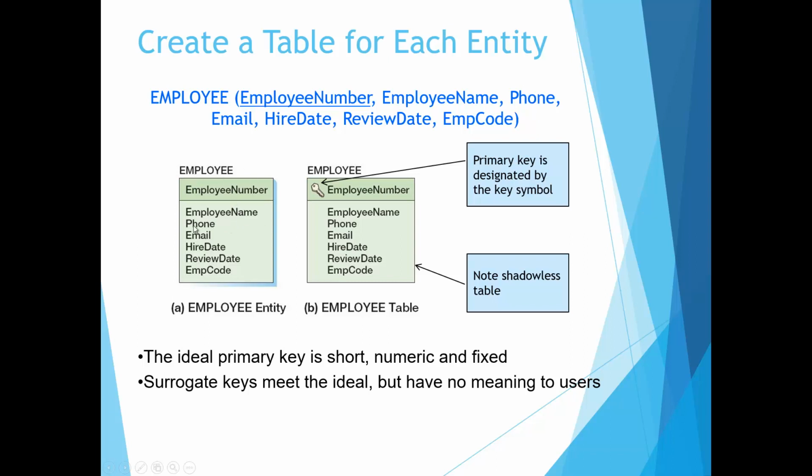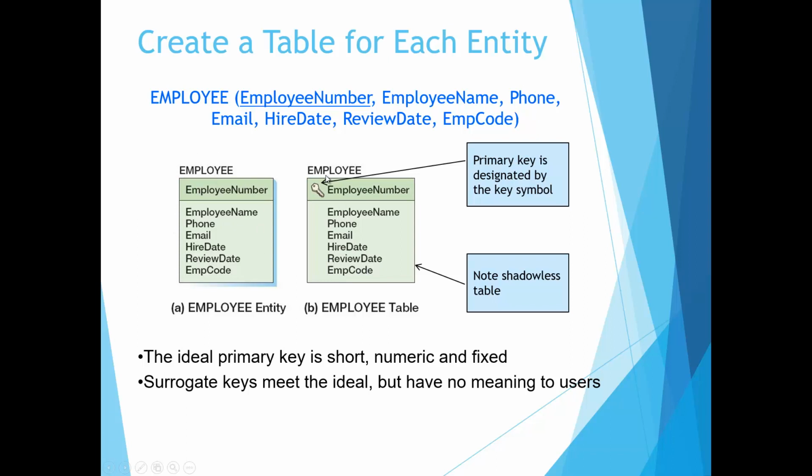On the left hand side, you can see the data model. In this case, we have the employee entity. So this is an entity, and the identifier is employee number, and those are the attributes. On the right hand side, you can see how we transformed the model into a table.